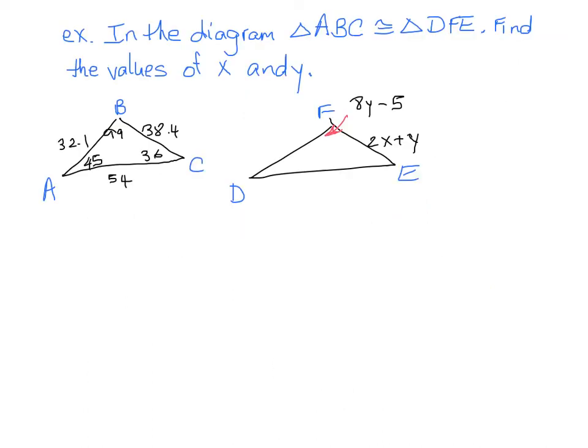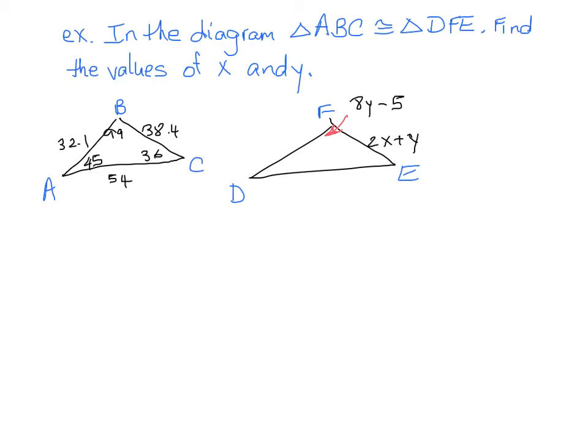Okay, so let's take a look at an example that we could possibly get. So here we have a congruence statement that triangle ABC is congruent to triangle DFE, which means that B and F are our corresponding angles here, according to our congruence statement.